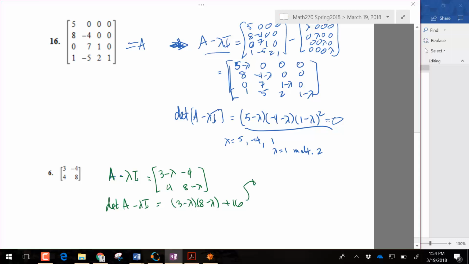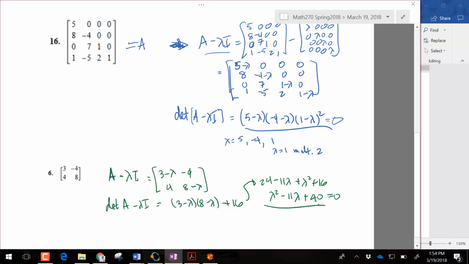It's a quadratic, and so you have to FOIL everything out. 24 minus 11 lambda plus lambda squared plus 16. And so lambda squared minus 11 lambda plus 40. Is that right?